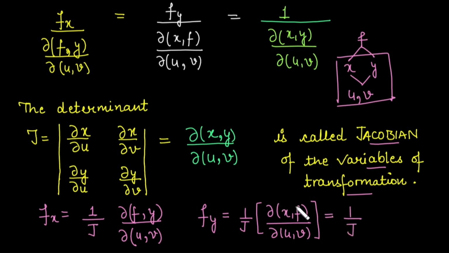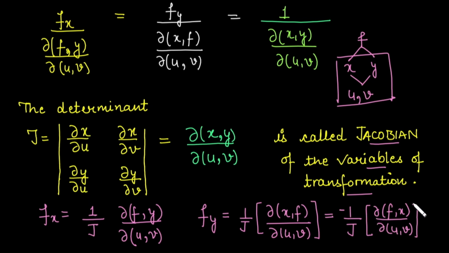If you switch these two values, x as f and f as x, we will get a negative sign outside, because when you swap these two variables, it means we are swapping two rows.